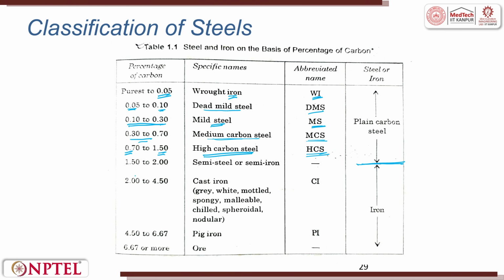From 1.5 to 2, it is called semi steel or semi iron. The transition happens between 1.5 to 2, there is a gray area, and from 2 onwards it forms cast iron, CI, and from 4.5 to 6 it forms pig iron, PI.